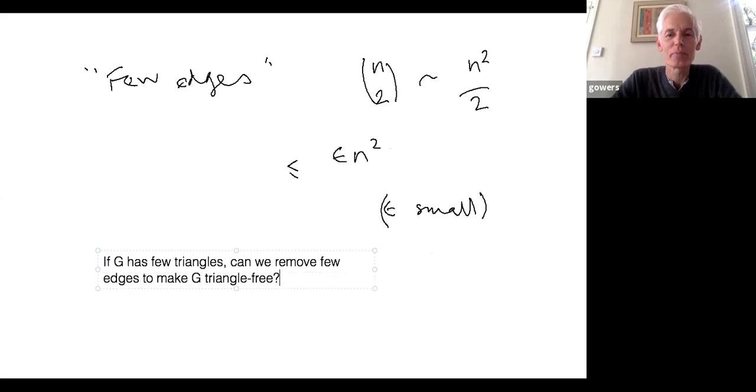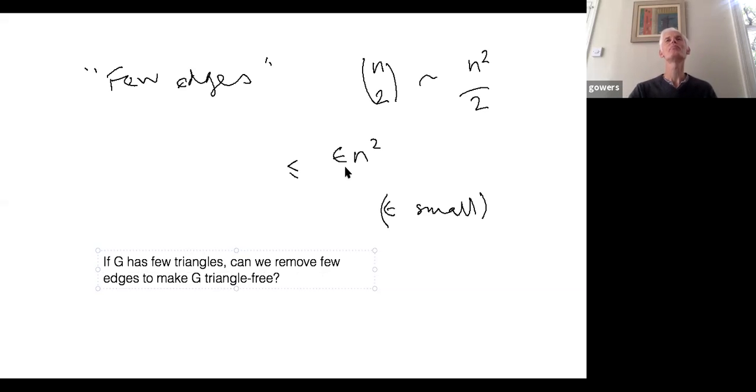Now, how do I want to make that precise? To make that precise, what I would say is, supposing you give me an epsilon, like 1 over 100. So you give me some small number. Is there a delta, a positive delta, with the property that for any graph with at most delta n cubed triangles, I can remove at most epsilon n squared edges to make it triangle free.